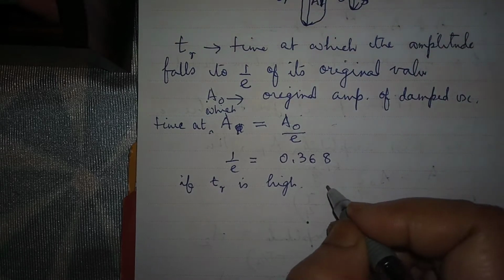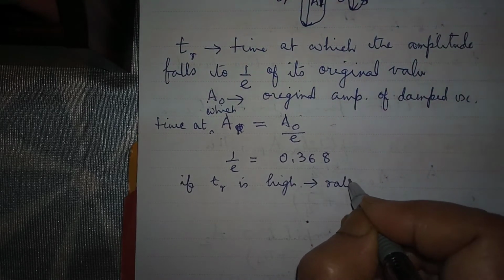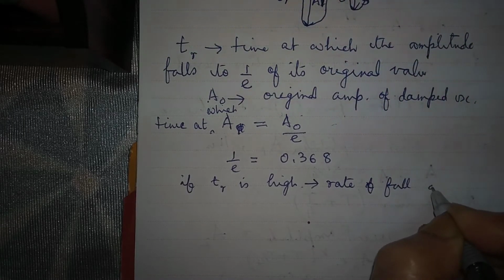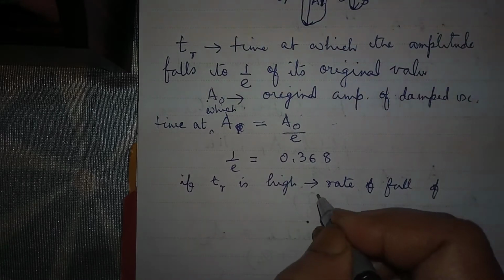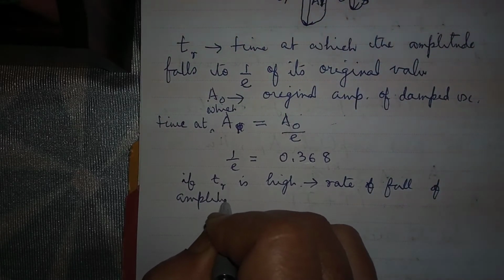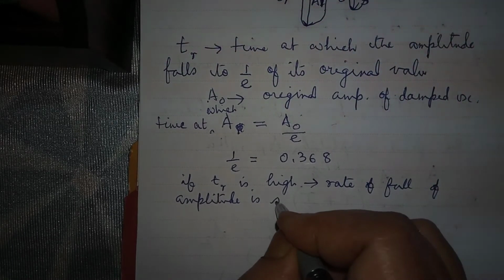So if TR is high, it means the rate of fall of amplitude is slow.